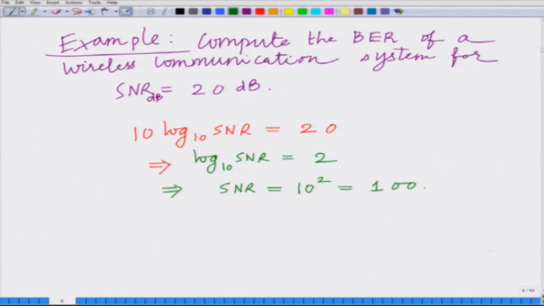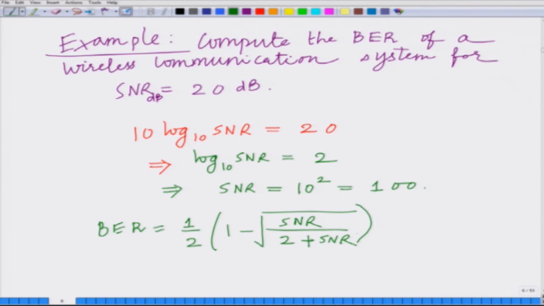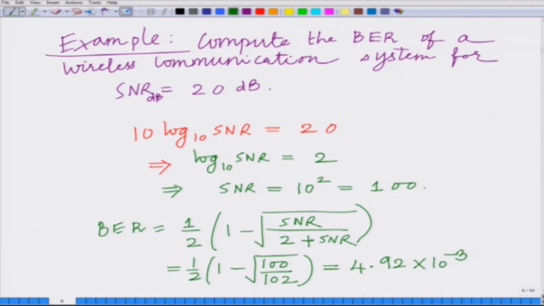So, if the SNR in dB is 20, that means the actual SNR is 100, and now I have to substitute in my formula for a wireless communication channel, that is half times 1 minus square root of SNR divided by 2 plus SNR, which is equal to half times 1 minus square root of 100 divided by 102, which is equal to 4.92 times 10 to the power of minus 3.